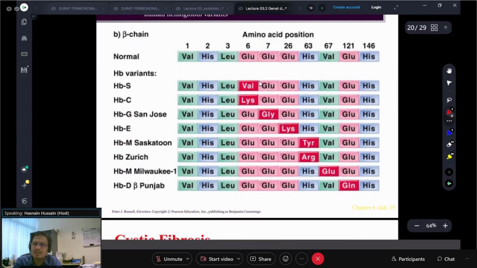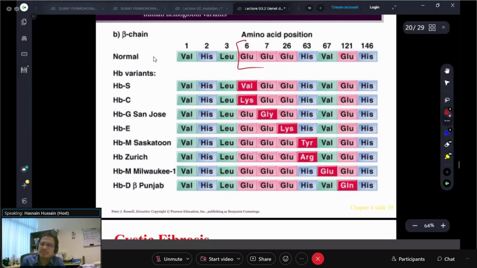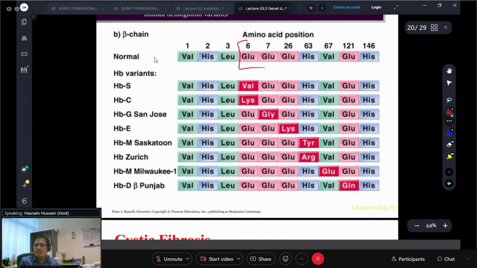Okay, and then on the beta chain, some changes in this position. Different individuals have different anemia and different amino acid changes. And when analysis is done, these are the changes in the amino acid from samples that were obtained in different places.